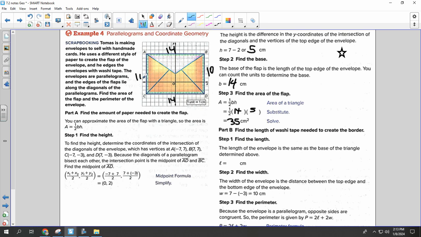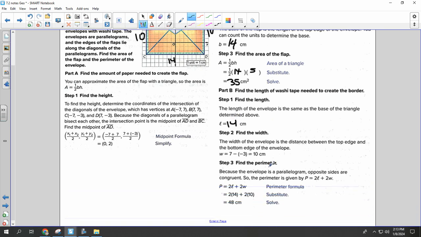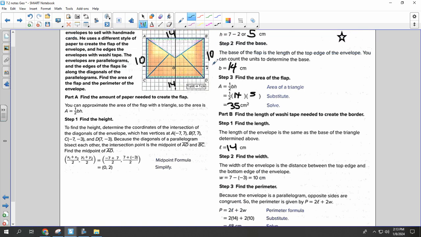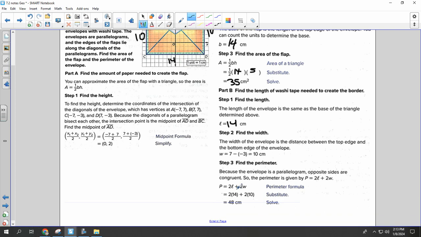And this is also 10. So the length of the envelope is 14. The width of the envelope is 10. The little formula says 2 of the 14s plus 2 of the 10s is the perimeter. And that's 28 plus 20, which is 48.